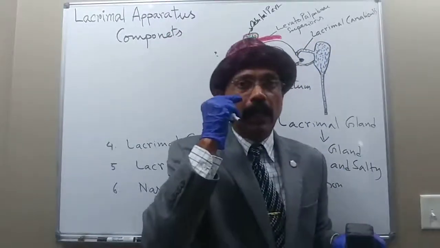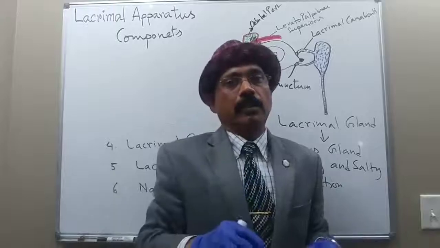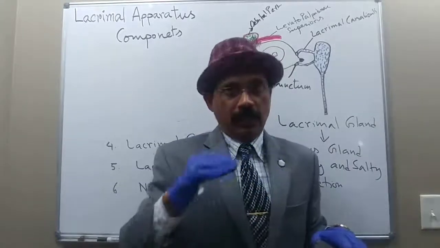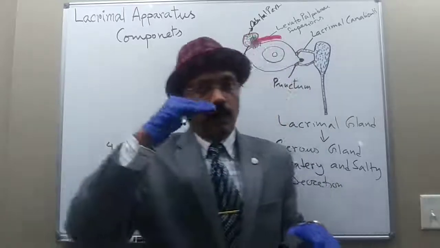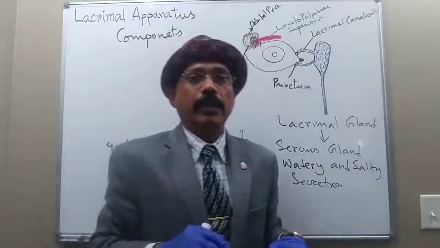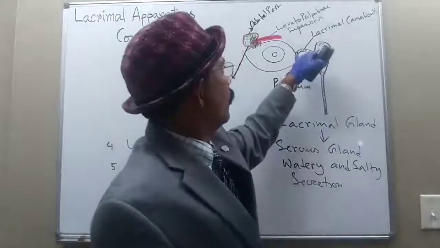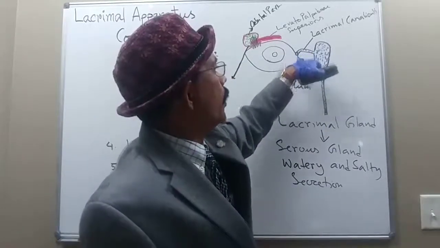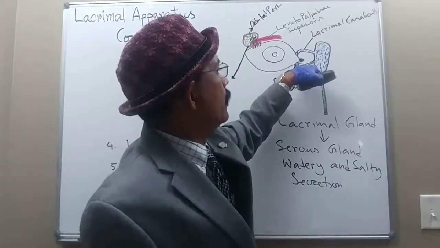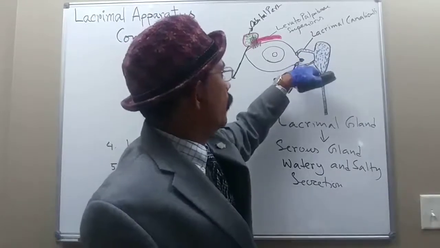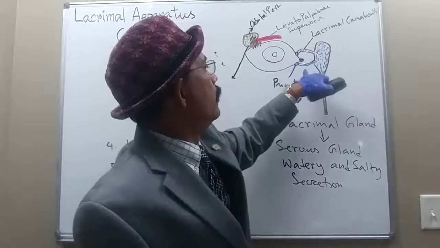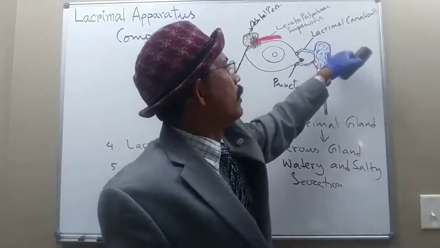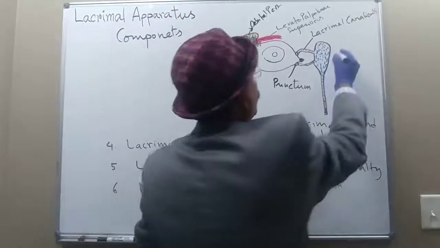Puncta are present on the eyelid, and we can easily see them on the surface of the eyelid, at the margin of the upper and lower eyelid. We get the superior punctum on the lower border of the upper eyelid, and the inferior punctum on the upper border of the lower eyelid. Then the lacrimal canaliculi open into the lacrimal sac.